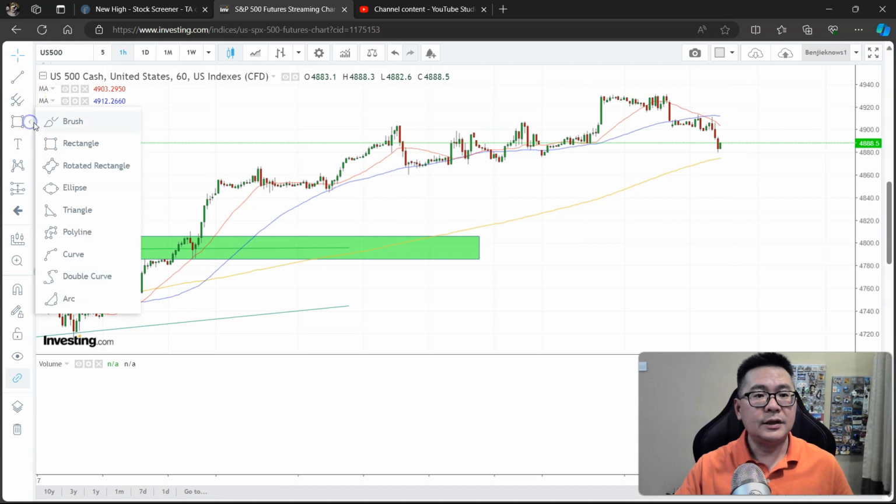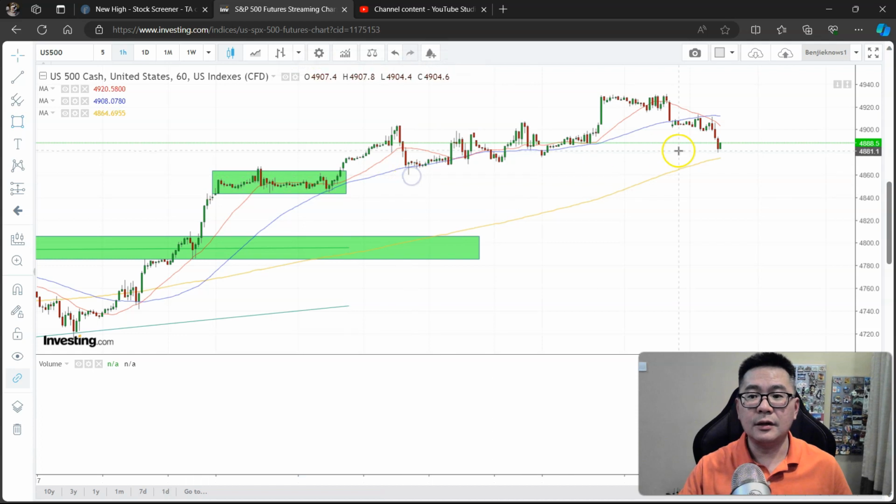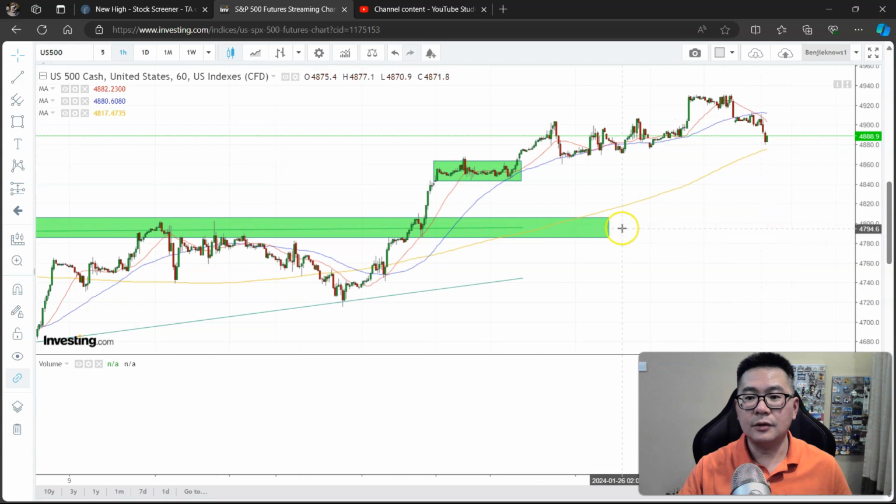So as long as the S&P 500 stays above the 200 MA, we can continue to be bullish short-term on it. And of course, watch this support area very carefully. If it drops below this area, then most likely we'll go down to here.